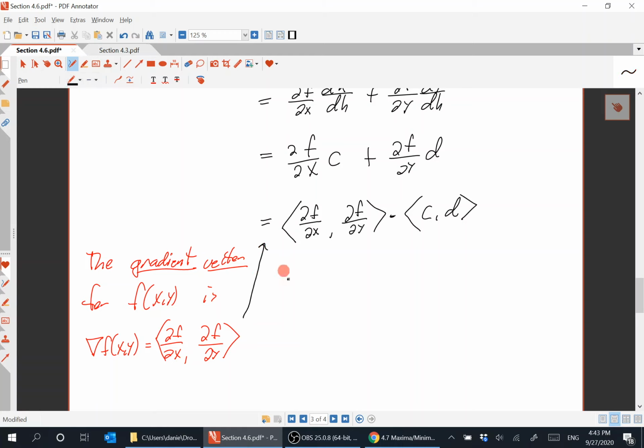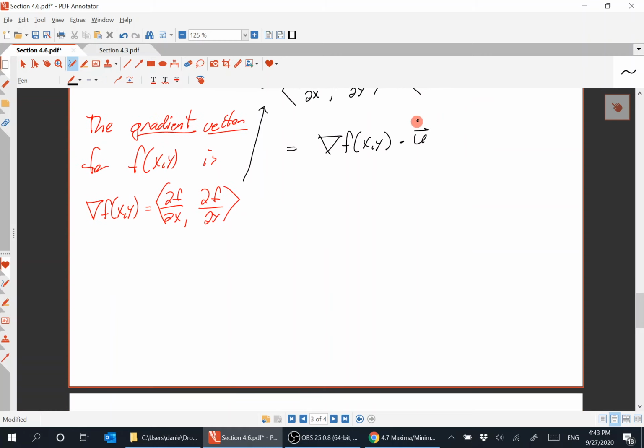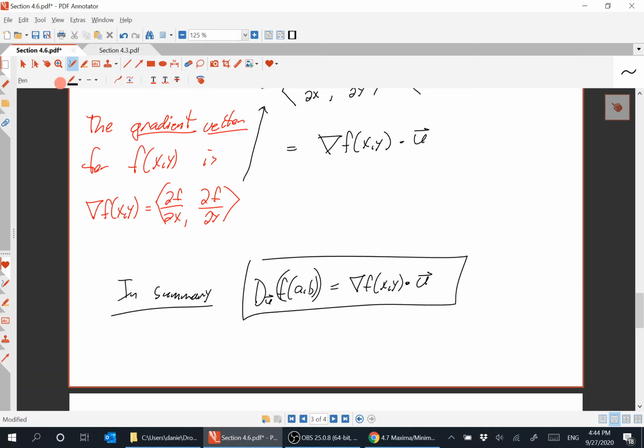So this is equal to the gradient of f dot u. All right, so in summary, the directional derivative of f at (a, b) in the direction of u is the gradient of f dot u. So that's how you calculate the directional derivative.